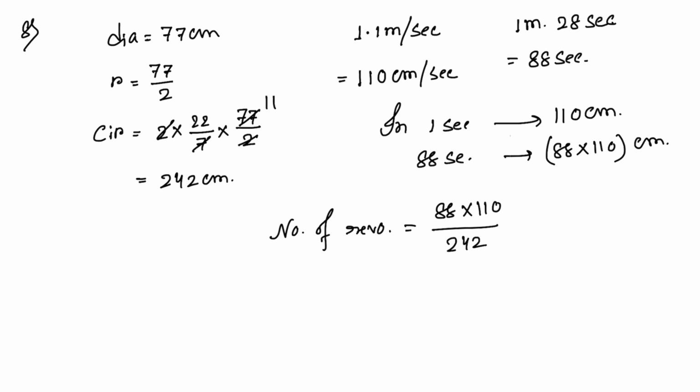First, 242 divided by 11 becomes 22, and here it becomes 8. Then again 2, it's 11. Then again 2, it's 4. So 11 into 4 is 44... 40 revolutions is your answer.